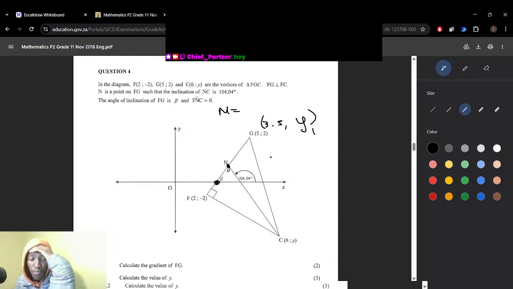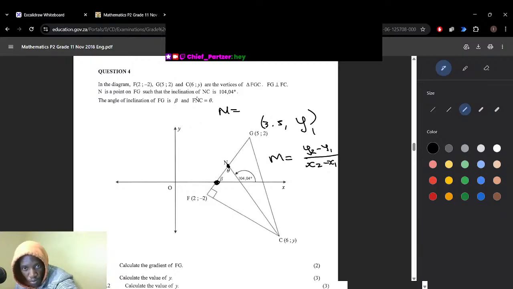So now, how do we then calculate this y here? After we have calculated this point N, and we know a gradient of NC, we're going to use the fact that the gradient A2 is equal to y2 minus y1 over x2 minus x1, right?